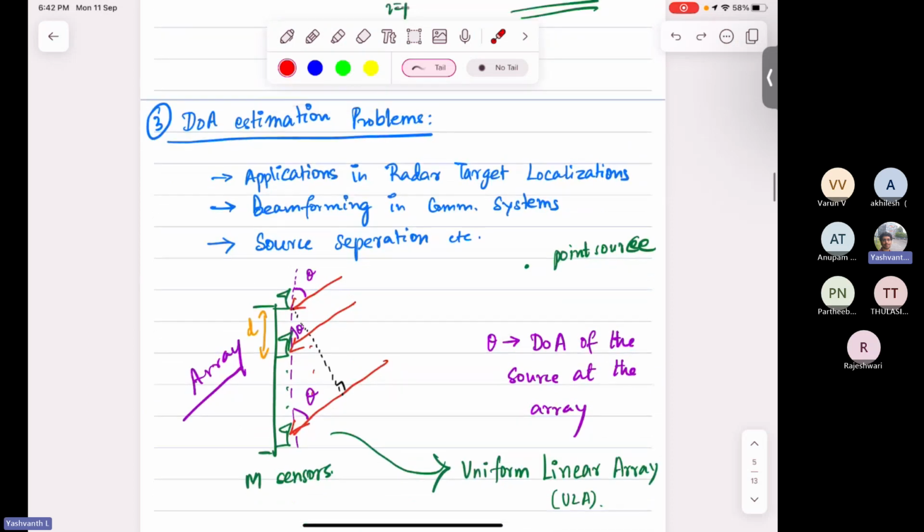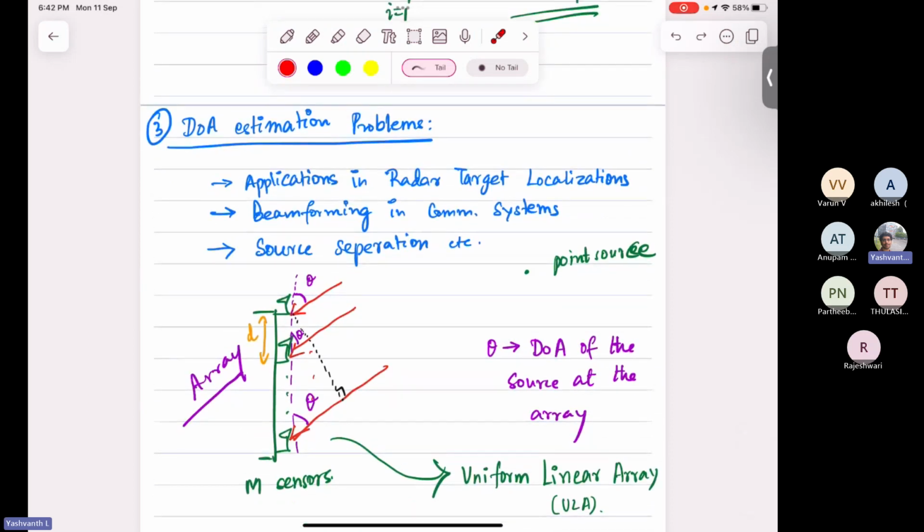The third very interesting application that the Professor had discussed was on DOA estimation problems. It finds applications in radar target localization, beamforming and communication systems, and also source separation. Let's say there are two speakers in a room. They are talking into two different microphones, and you have an array of speakers.